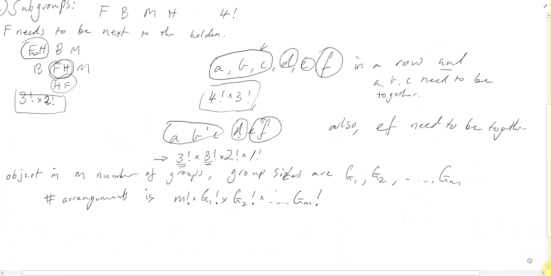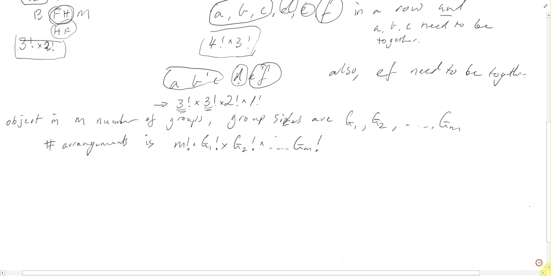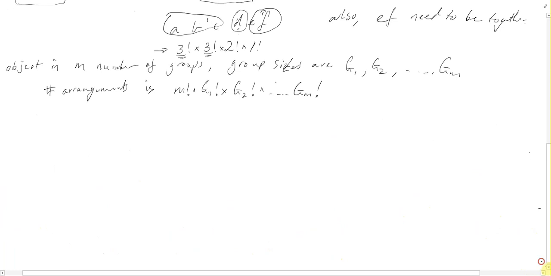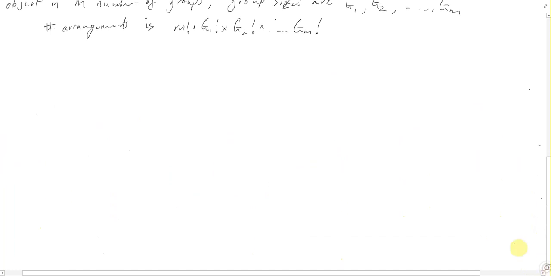Okay, the third special case that we can have with our arrangements is if we're arranging things in a circle. So here we're doing arrangements in a circle. So far we've only been doing arrangements in a straight line.